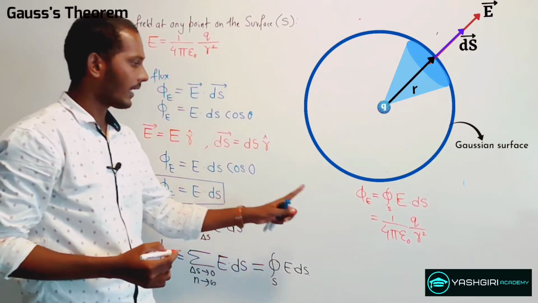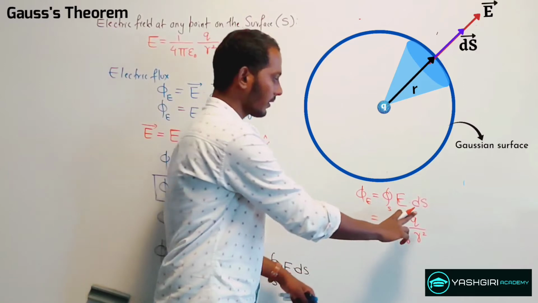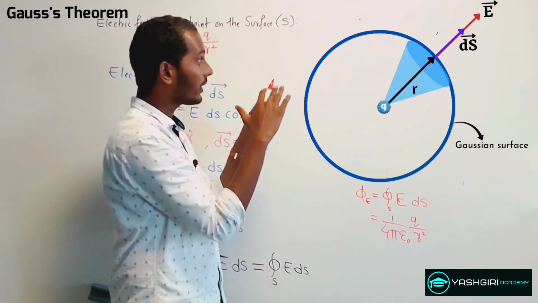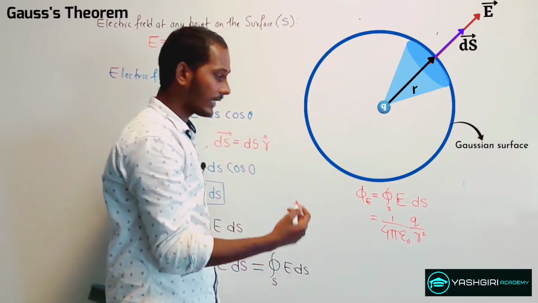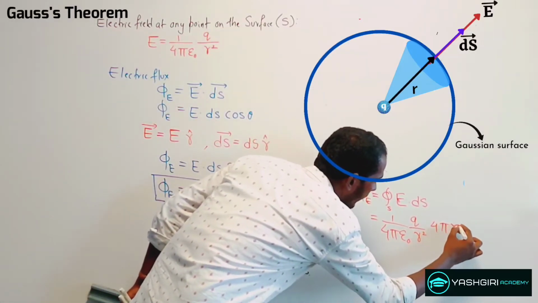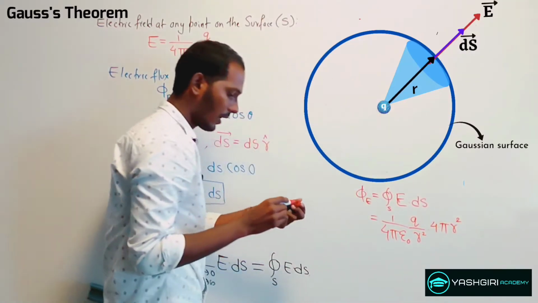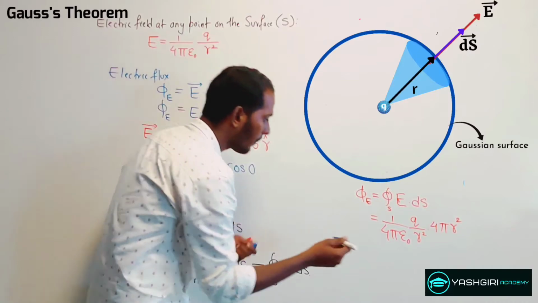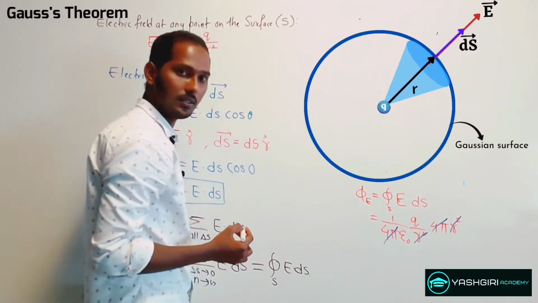And what is the surface integral? It is nothing but the total area of this sphere, which is given as 4 pi r square. Now here the 4 pi and 4 pi will get cancelled, r square and r square will get cancelled.